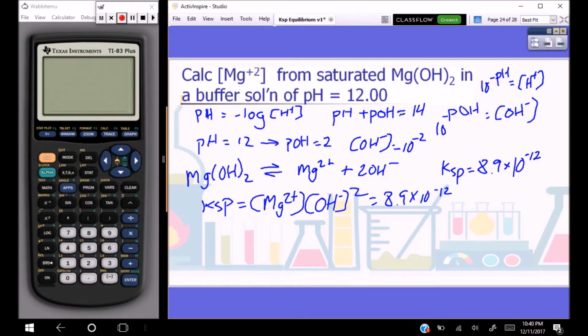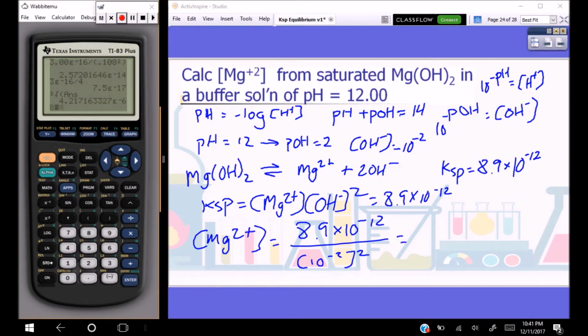Well, we have our hydroxide concentration. We just need to plug that in to get our concentration of Mg. Just like we did on the last problem we walked through, we've got 8.9 times 10 to the negative 12th, divided by my hydroxide concentration. In this case, hydroxide is 10 to the negative second, and we're squaring that.